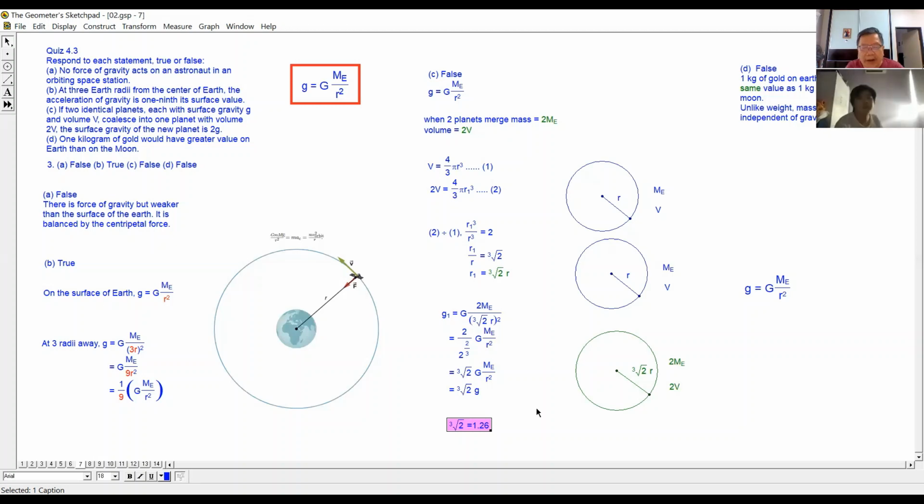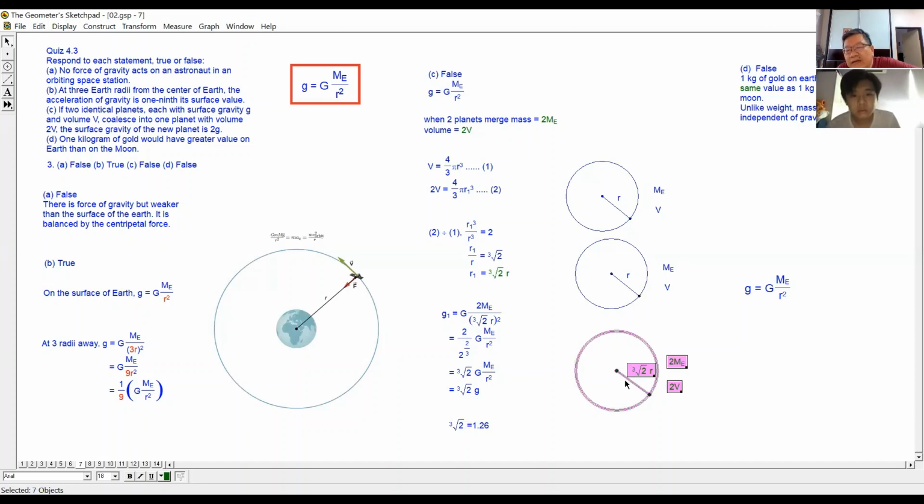Yes, okay, so we know that the radius of the new planet is actually 1.26 times that of the old planet. So you see, when I draw the old planet and the new planet, it is not much bigger in terms of radius.